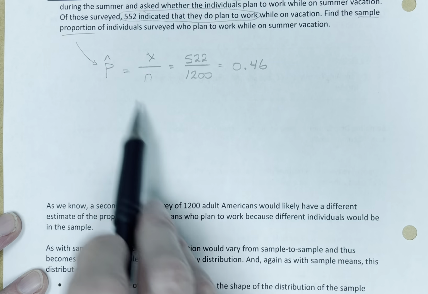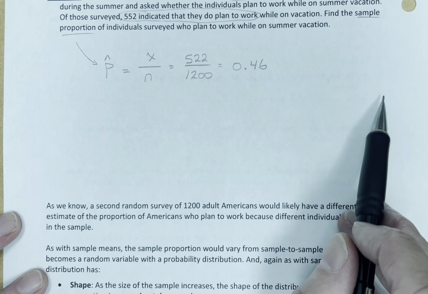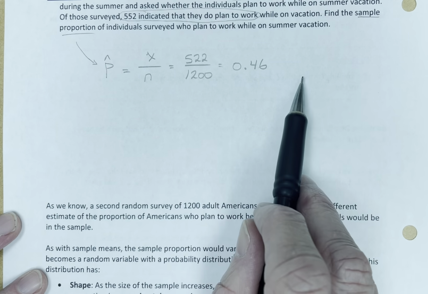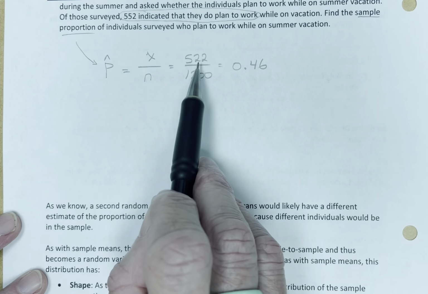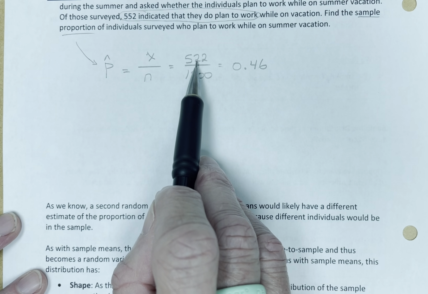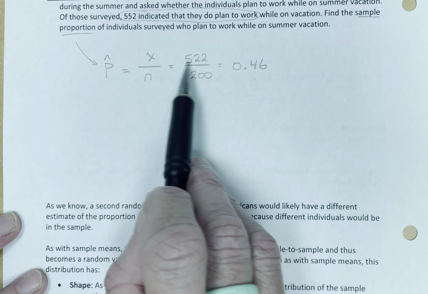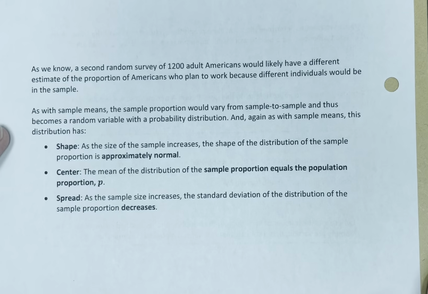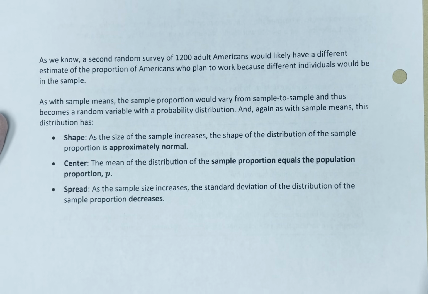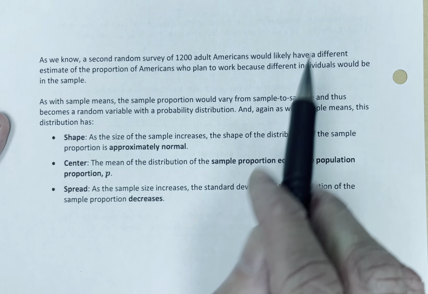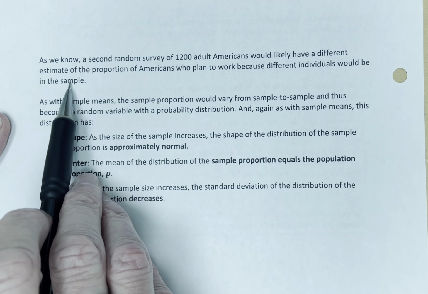Every time we sample 1,200 Americans and ask how many plan to work, we're going to get a different number. Not every time, but these numbers are going to change.